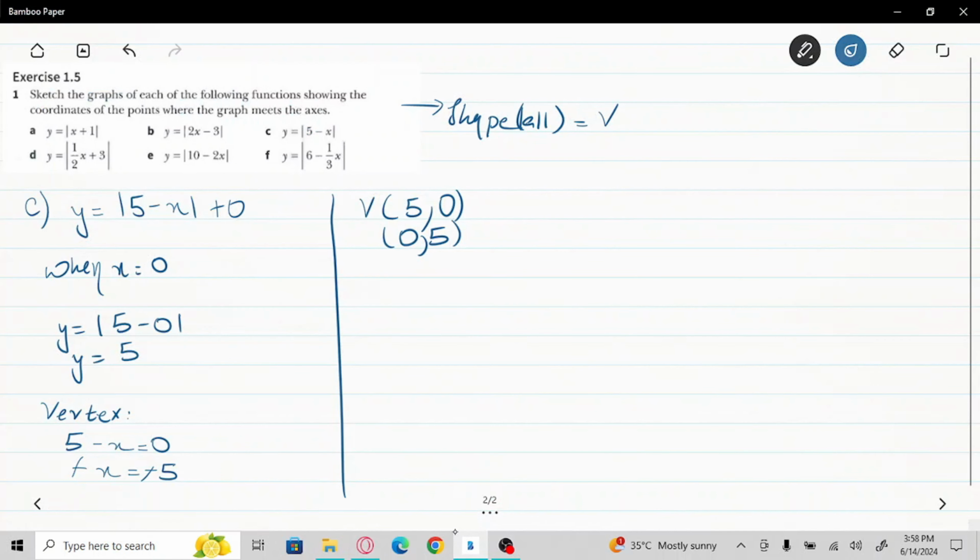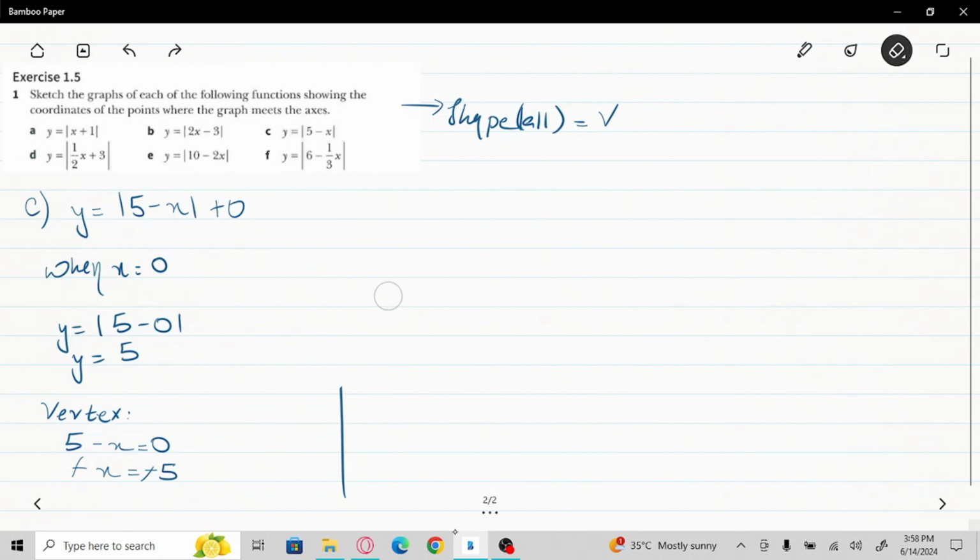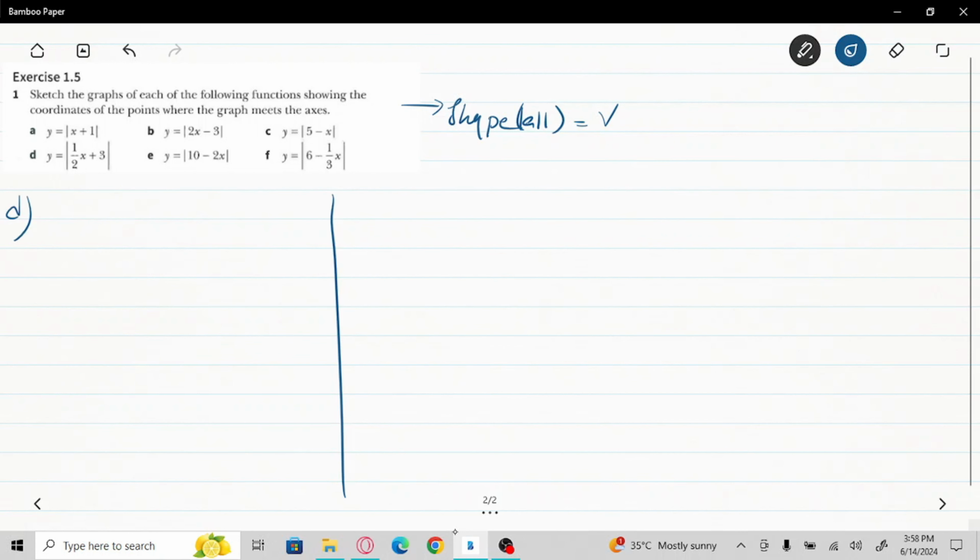On to part D. Let me erase this. For part D, we have y equals the modulus of 1 upon 2 x plus 3. Again, first find the y-intercept. When x is equal to 0, y is equal to positive 3. That's the answer for the y-intercept.